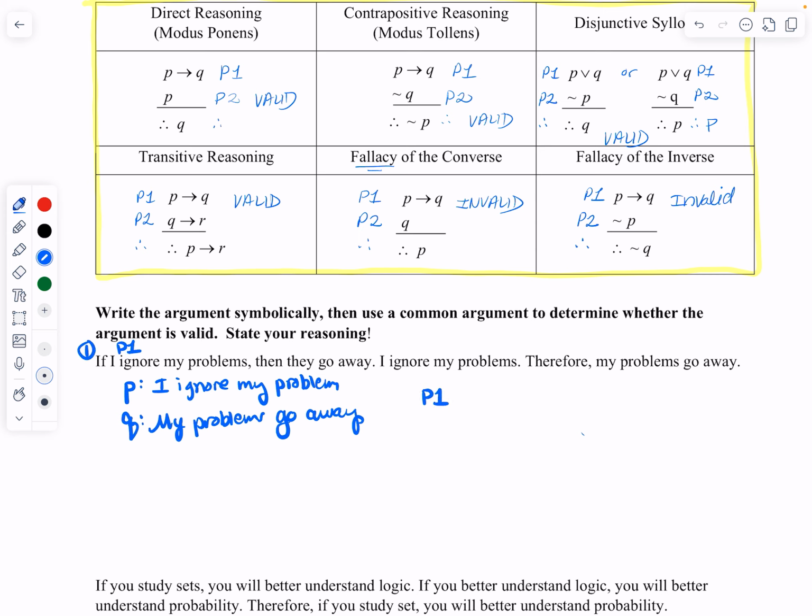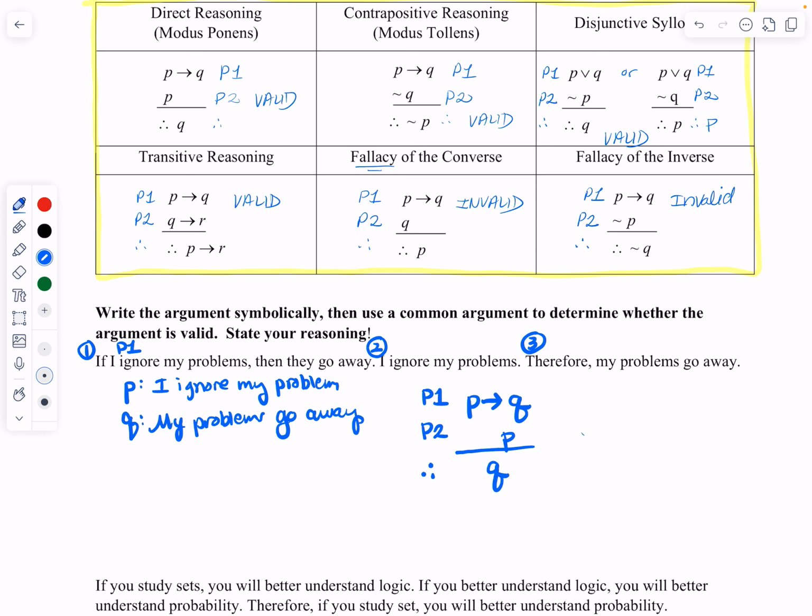The first sentence says, if I ignore my problems, then they go away. So this is if P, then Q. Sentence 2 is going to be P2, or premise 2. It says, I ignore my problems. That is P. And finally, my last sentence says, therefore, so I know that's my conclusion. My problems go away. That is Q.